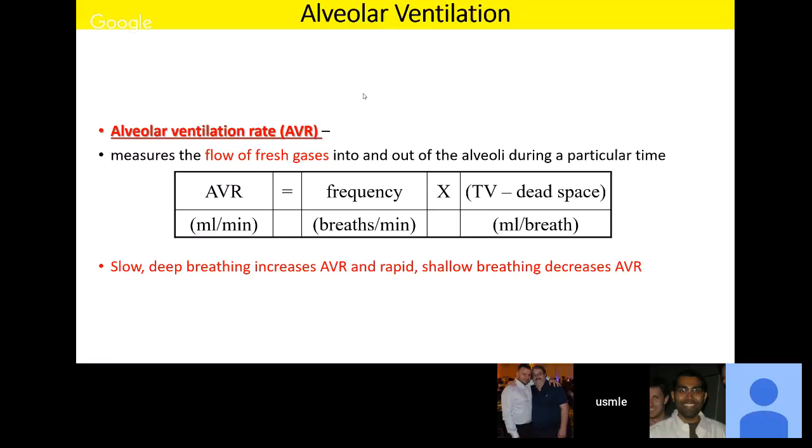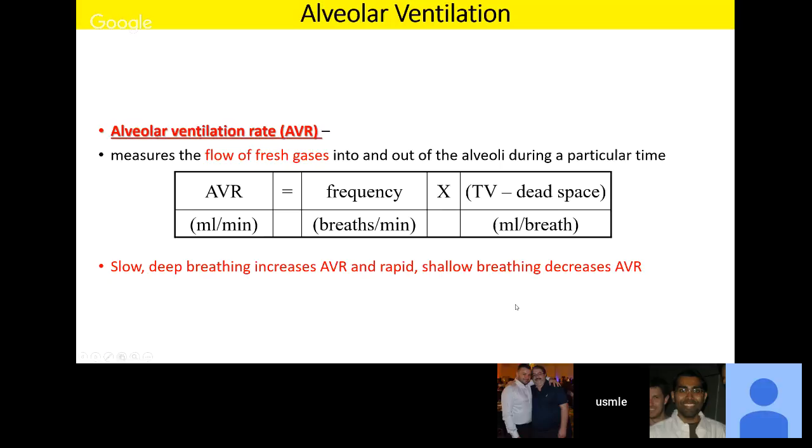The calculation is the frequency of breathing multiplied by the tidal volume minus dead space. And that was one of the questions that I asked at the beginning today. Normally it's supposed to be around 6, but because you remove the dead space, it's going to be around 4.2.